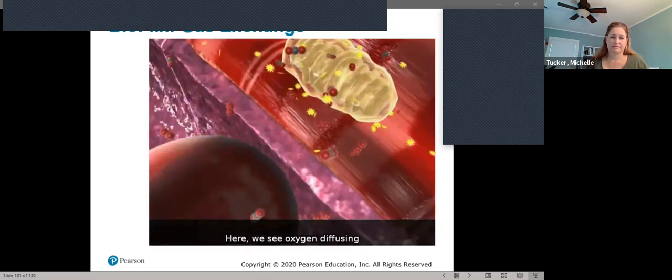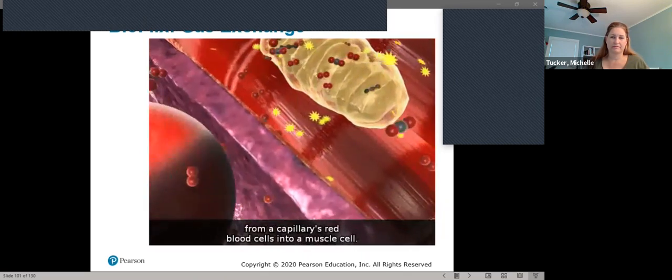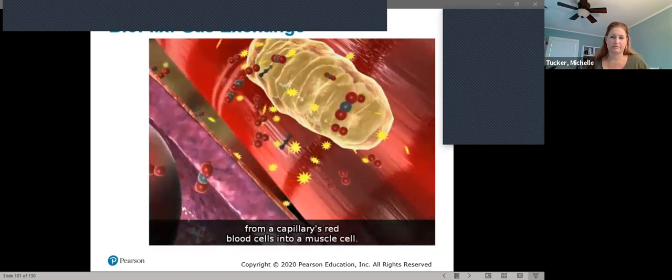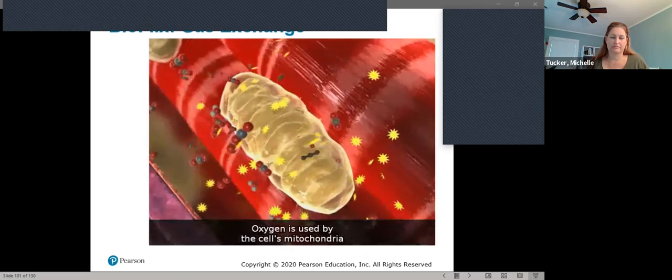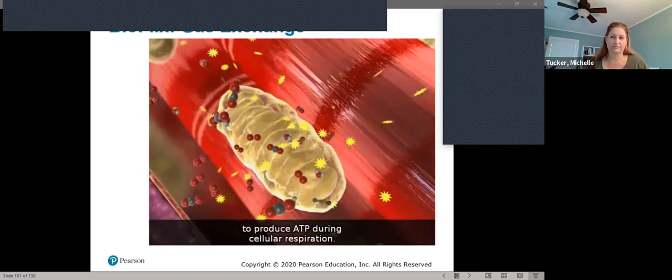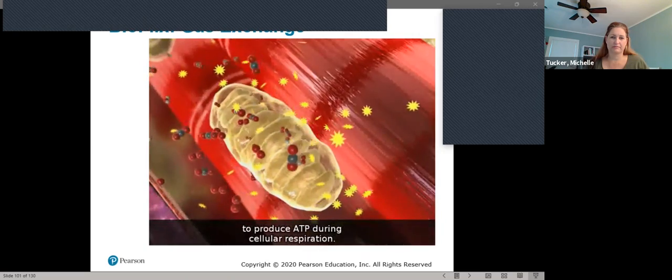Here, we see oxygen diffusing from a capillary's red blood cells into a muscle cell. Oxygen is used by the cell's mitochondria to produce ATP during cellular respiration.